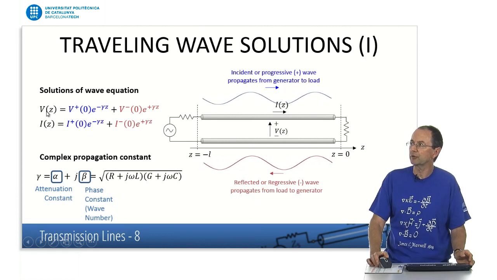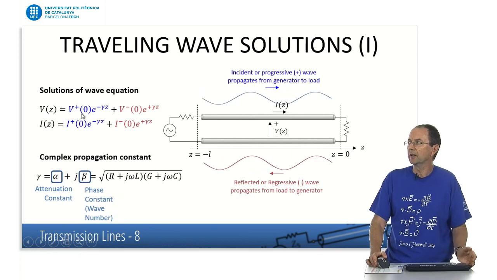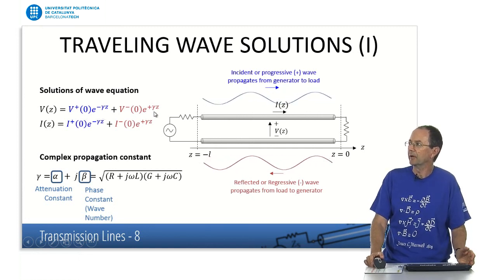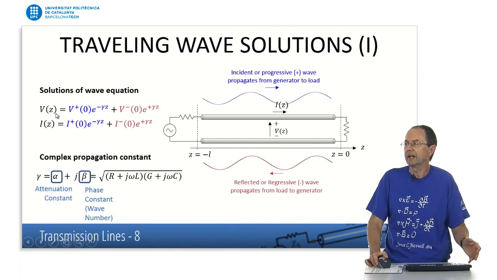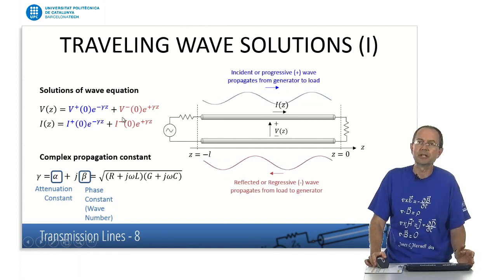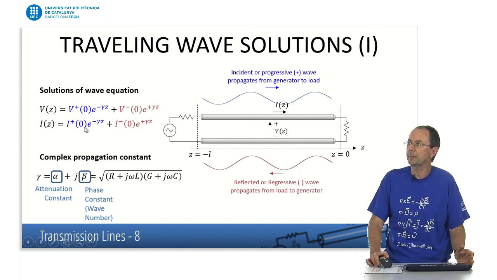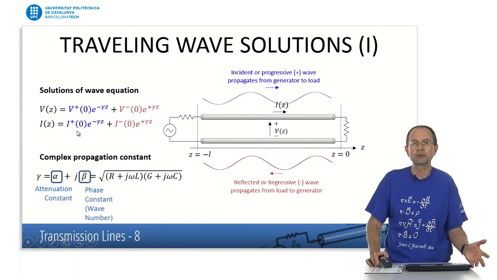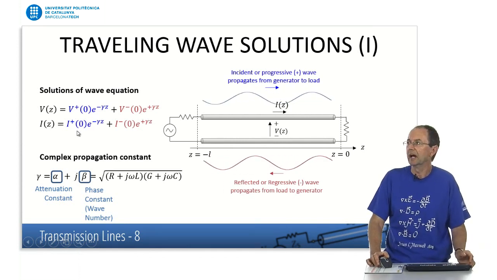So a solution is the superposition of a progressive wave that propagates from the generator towards the load, and also a regressive wave that propagates backwards from the load towards the generator. So both solutions are possible, and our general solution is the addition of these two components. The same equation holds for the voltage and for the current.